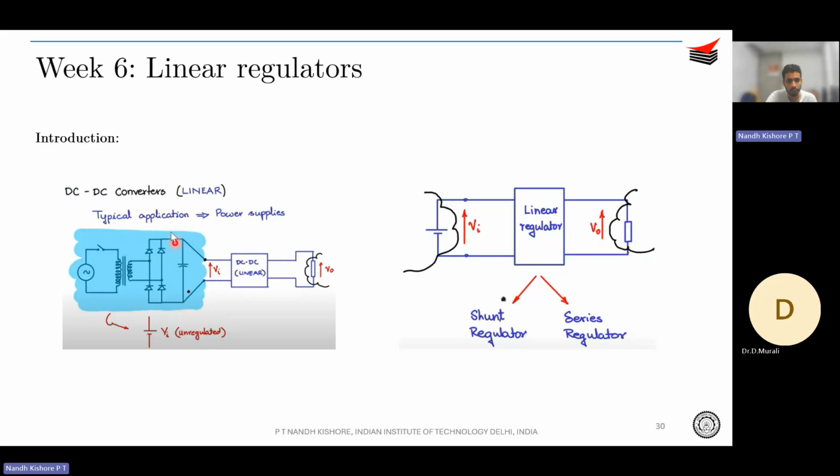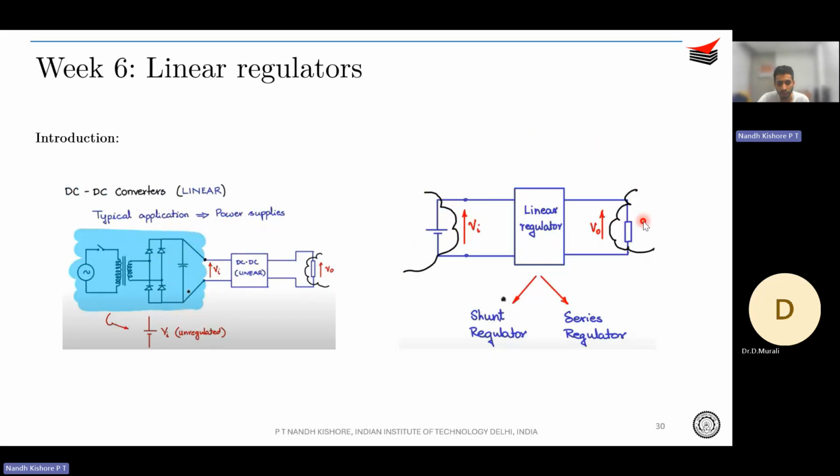So how do we convert it back to the low voltage that is required for charging up the battery, right? We have a DC at the input and we want a stiff DC at the output. For that, one of the approaches is to use what is known as a linear regulator.